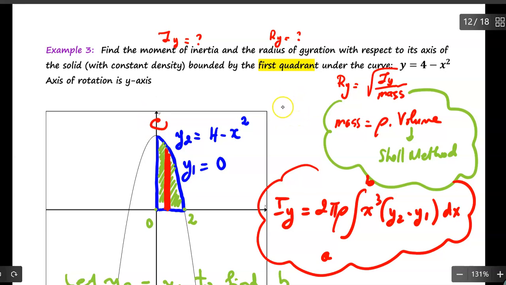So in this particular lesson, I only concentrate on the axis of rotation as the y-axis. Okay. So for the y-axis, this is the formula that we have to use, and we are working with everything in terms of x. And the element we are going to use will be parallel to the axis of rotation. So in this case, it will be the vertical element. And most of the time, vertical element is a lot easier to work with than the horizontal element.